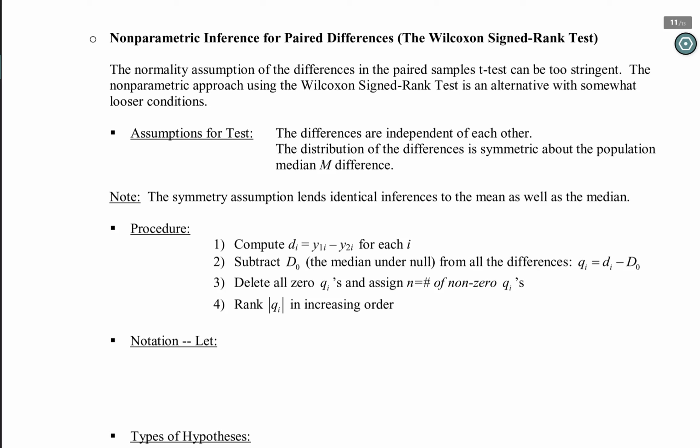And so the normality assumption, by the way, we can check this assumption by looking at the QQ plot. That gives us a sense of the reasonableness of the assumption of normality.